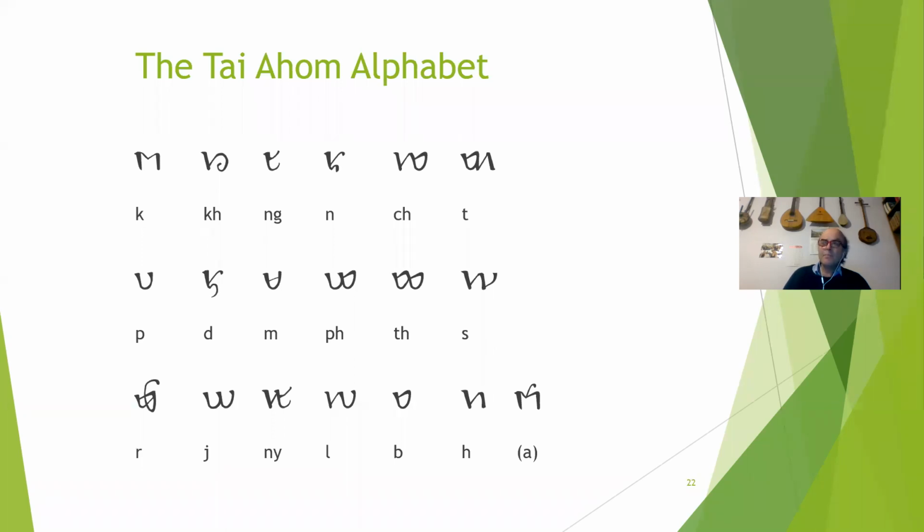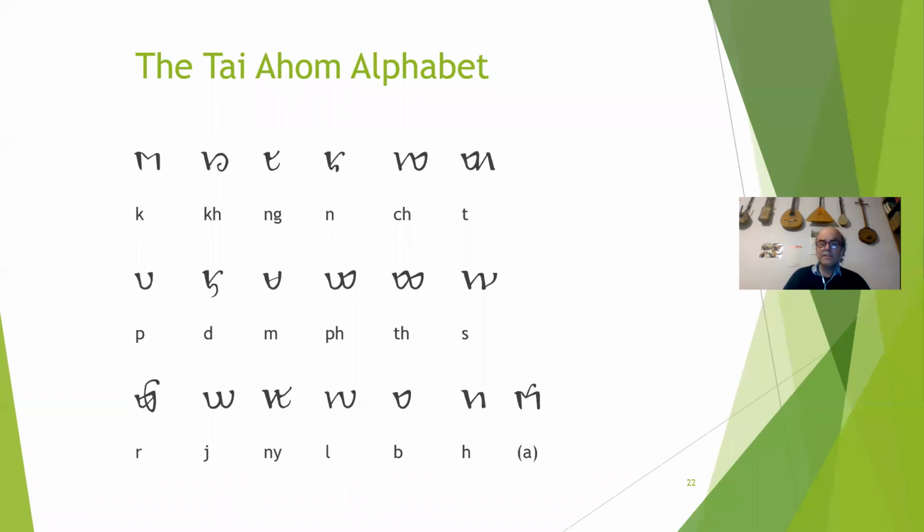And this manuscript, the Bai Yi Guan Yi Yu, has writing which looks very similar to Tai Ahom. It has exactly the same number of consonants as Tai Ahom. I will tell more about this in a week or two. And therefore, it has been created after this merging of consonants, this merging of sounds.